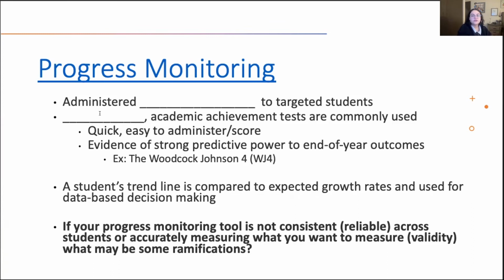It's very similar to that screener. They can be quick and easy to administer or score. You want them to have good evidence behind them that this is a good progress monitoring type of test. An example of that is the Woodcock-Johnson. The Woodcock-Johnson, for those of you who are familiar, is a big test with lots of different versions.